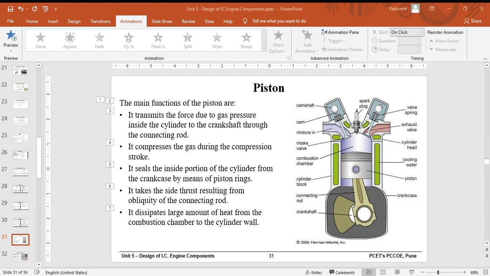Engines having L by D, length to diameter of cylinder ratio, up to 1.5, are provided with a cup type head. So generally this ratio is considered for selecting the cup type head.